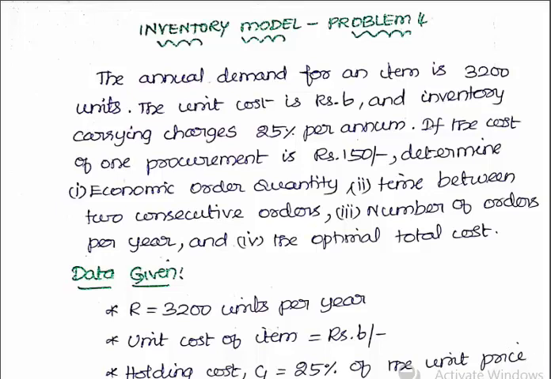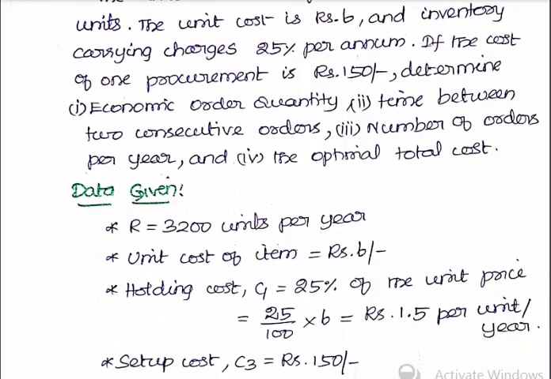The data given in the problem are: the annual demand for the item, capital R, is 3200 units per year; the unit cost of the item is rupees 6; the holding cost, that is C1, is 25% of the unit price of the product. The unit price is rupees 6, so C1 is 25% of 6, that is rupees 1.5 per unit per year. Setup cost C3 is rupees 150.